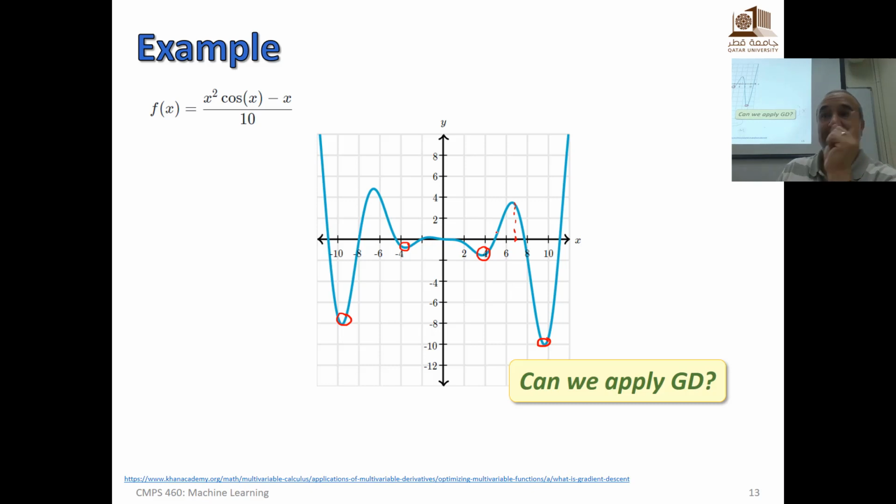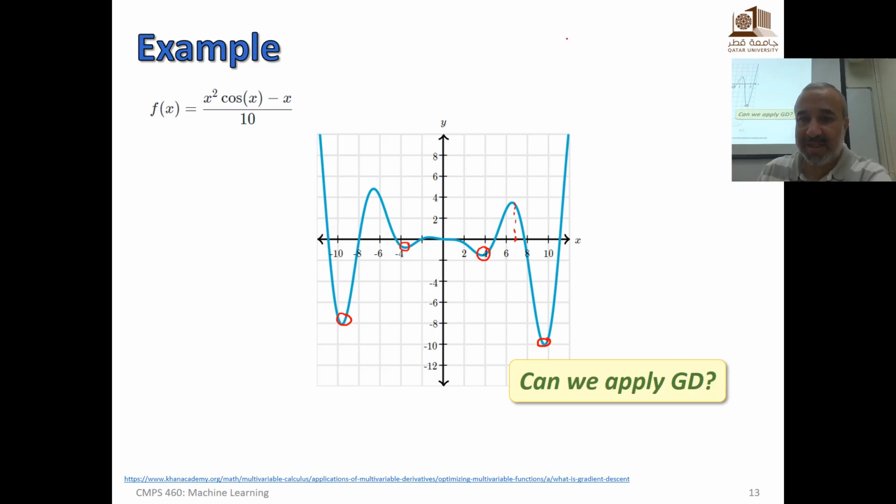The opposite: the direction of the gradient is the direction of increasing the function. So if the slope is negative, then negative times negative is positive, so we will increase the value of the parameter.